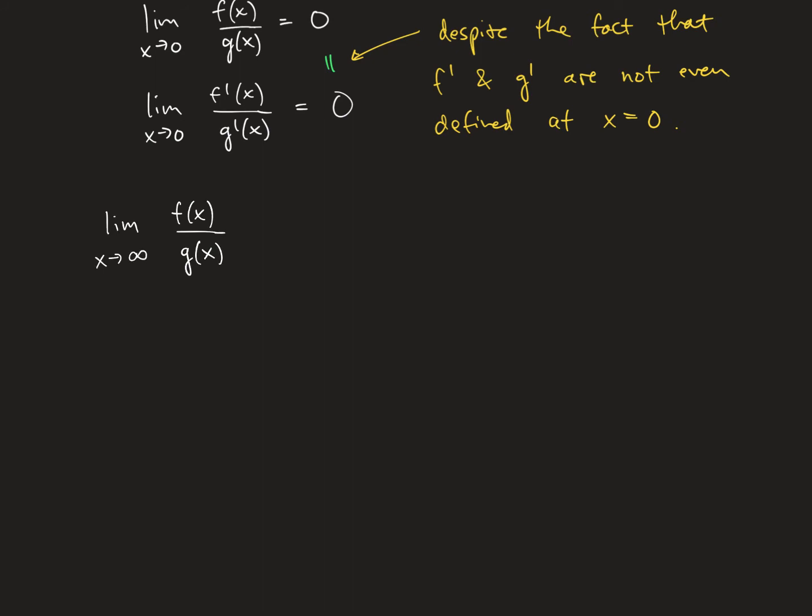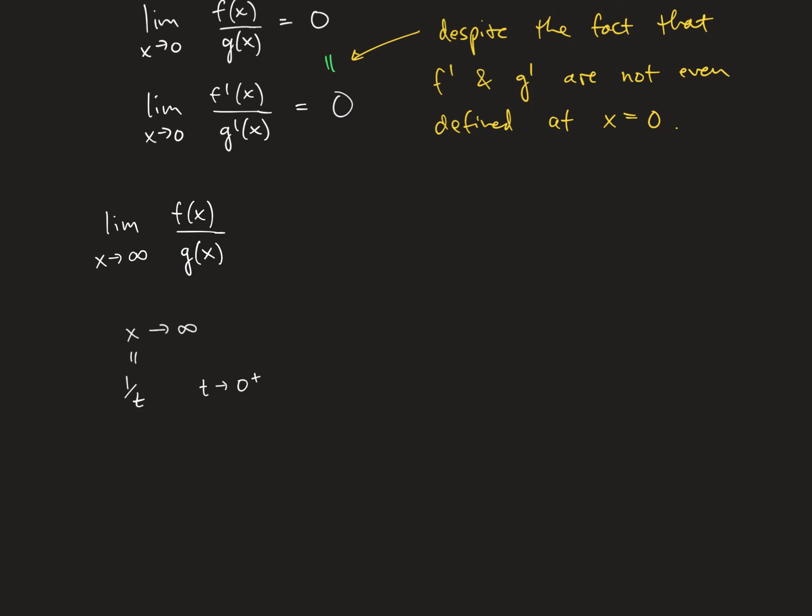So for instance, the rule works when a is equal to infinity. And this is kind of suggested by, as x goes to infinity, if you set x equal to 1 over t, say, then this is sort of the same as t goes to 0, or t goes to 0 from the right, maybe, would be more precise.